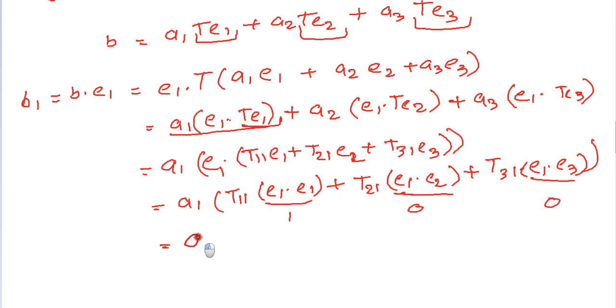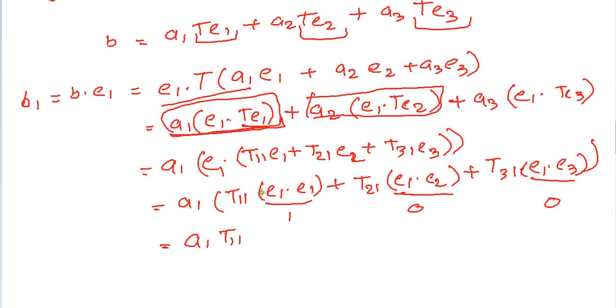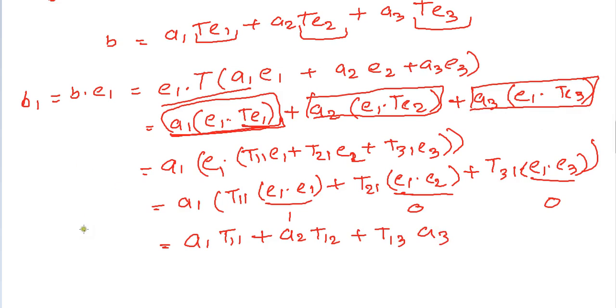So here we can write A1 T11, and for the next component T12 A2, and similarly T13 A3. These are the components of B1.